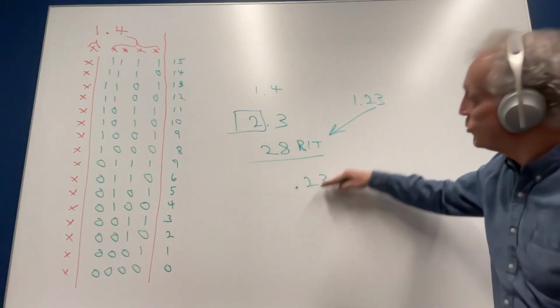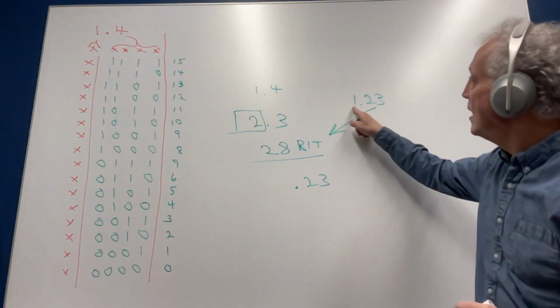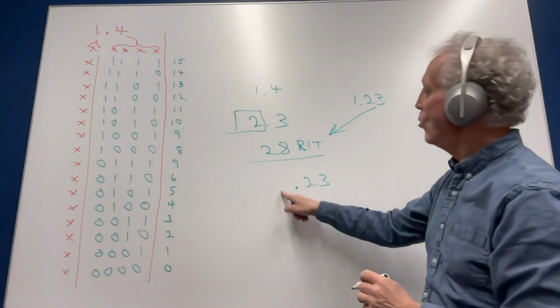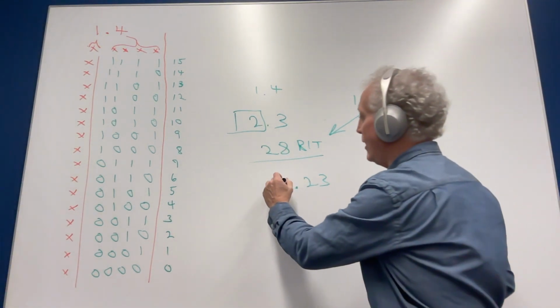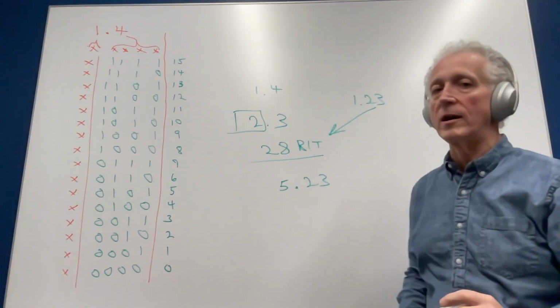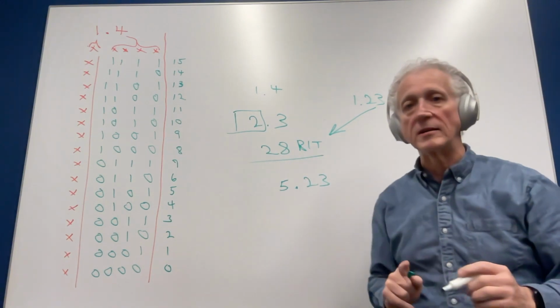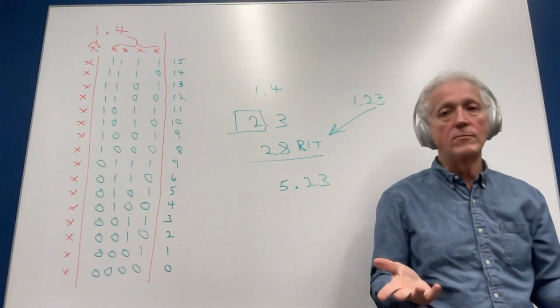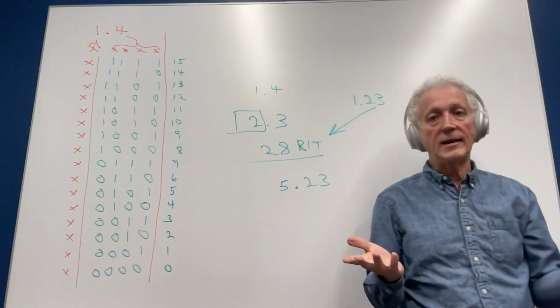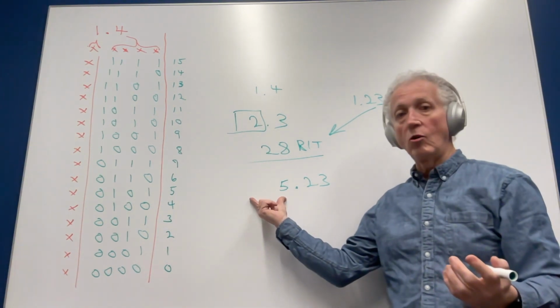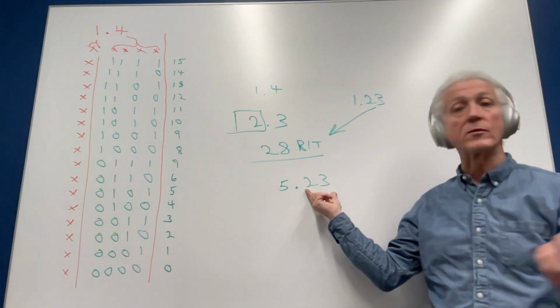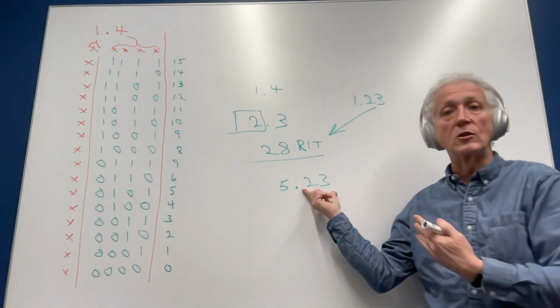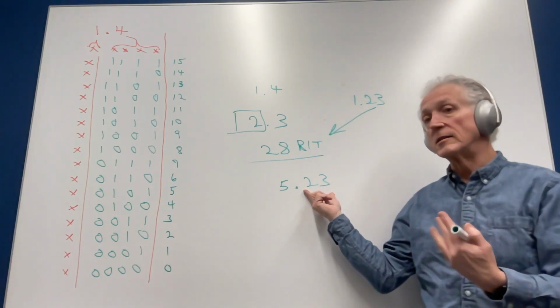We transfer those 23 bits, and then we have the 1, and then we add the extra bits. So it ends up being a 5.23, which adds up to 28 bits. So we have 5 bits for the whole number, and 23 bits for the fractional, which gives us pretty good resolution for a fractional number, right? Because that's a big number.